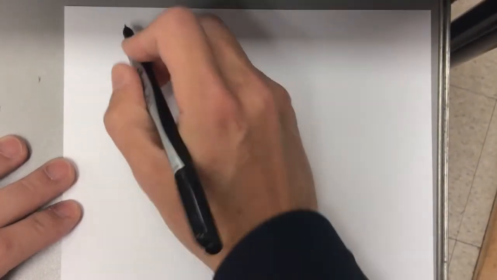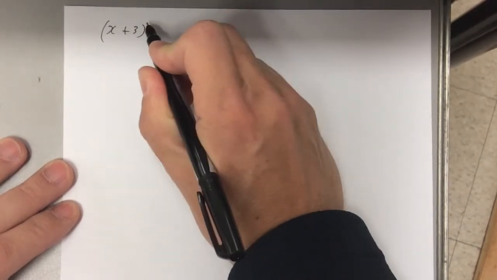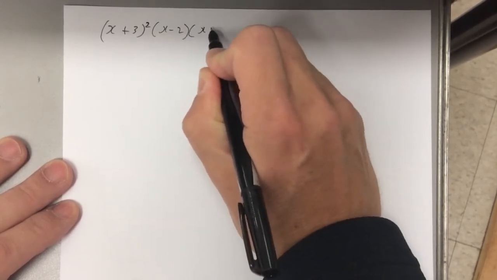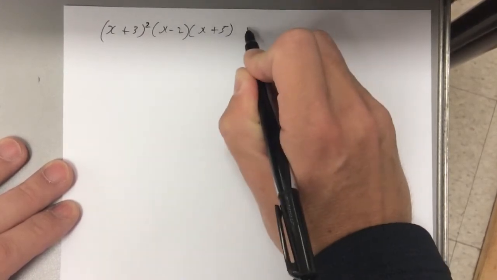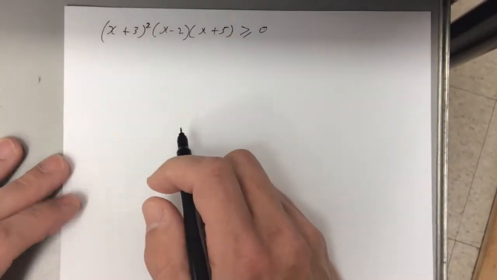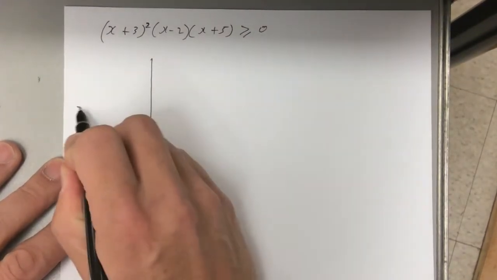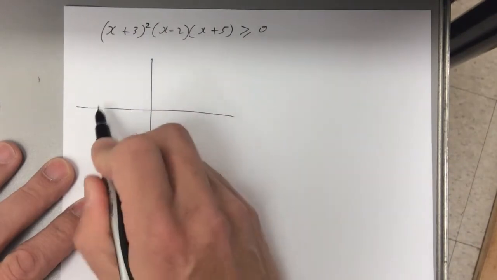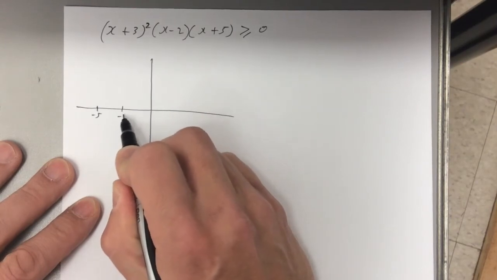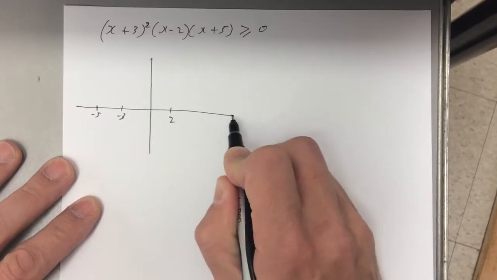Now, if we have an equation like this one, say x plus 3 squared, x minus 2, and x plus 5, let's say greater than or equal to 0. Well, then if we graph this, we're going to see that the graph has x-intercepts at -5, at -3, and at 2.